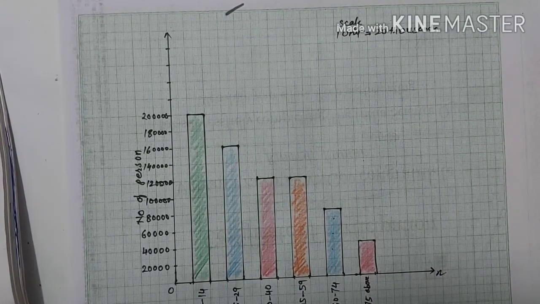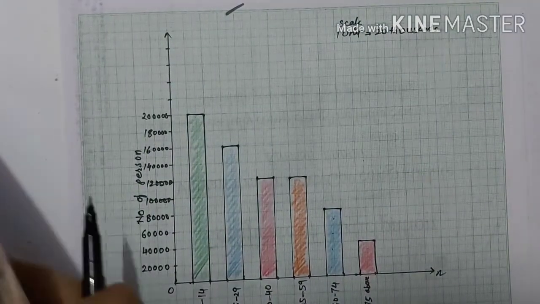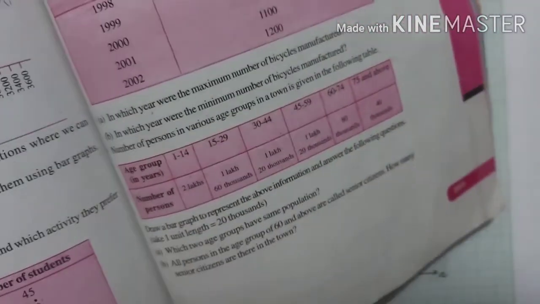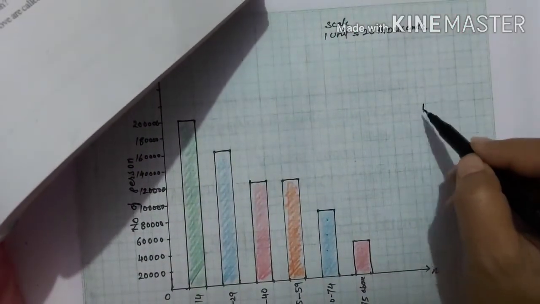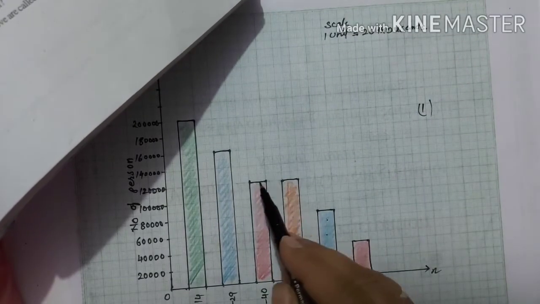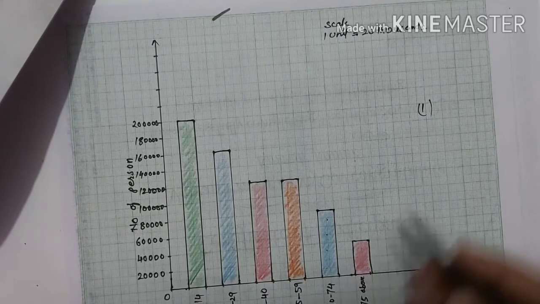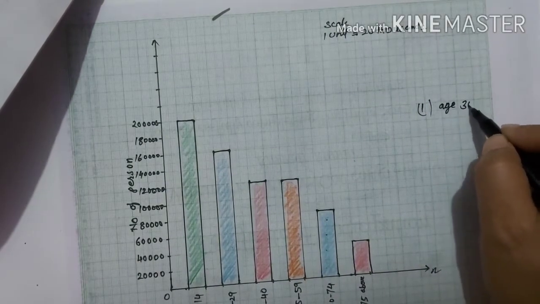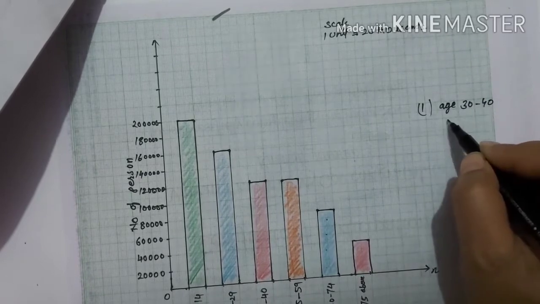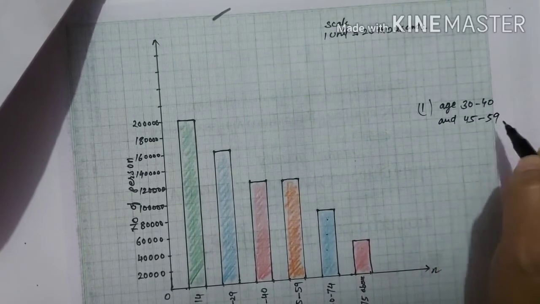Okay, and this question asks two questions. The first question asks which two age groups have the same population. The same population is in age groups 30 to 44 and 45 to 59.